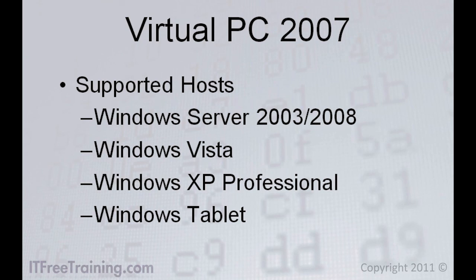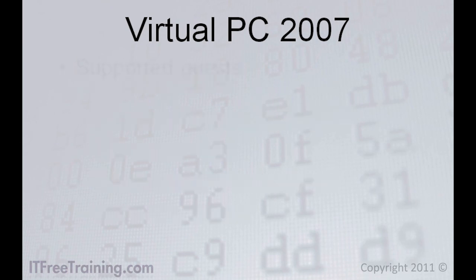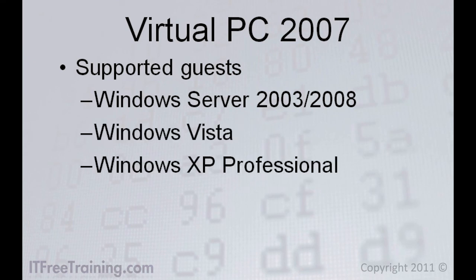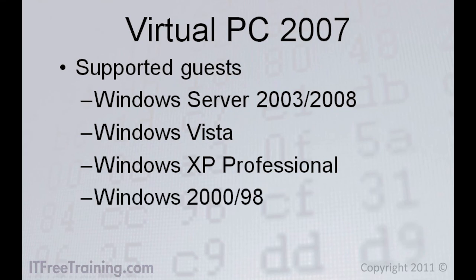The guest is the virtual machine that is running on the host. Virtual PC 2007 supports the following guest or virtual machines: Windows Server 2003, Windows Server 2008, Windows Vista, Windows XP Professional, Windows 2000, Windows 98, and OS/2. This is the supported list, but you are free to install other OSs if you choose.